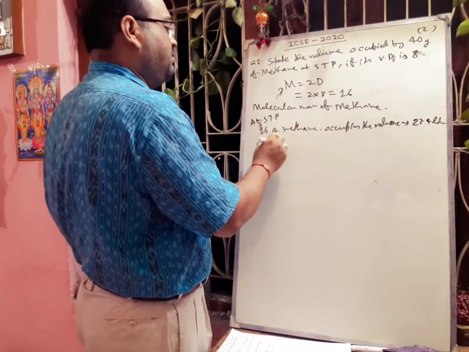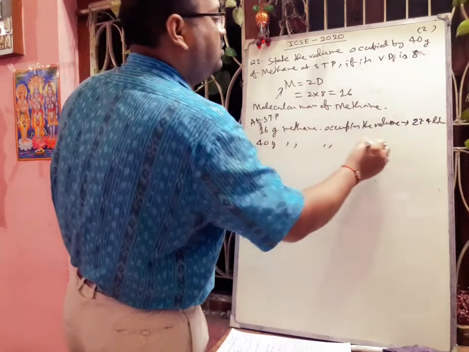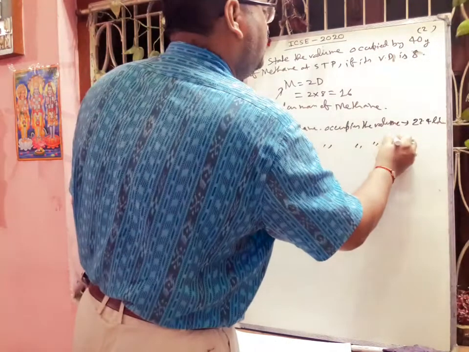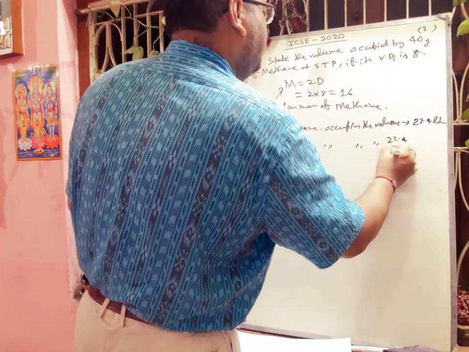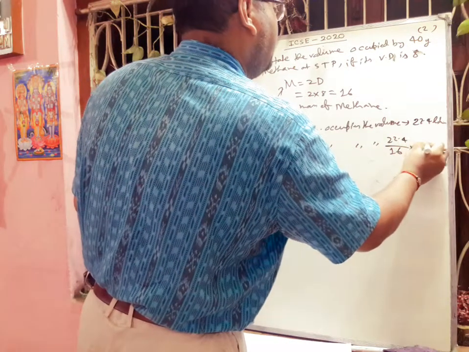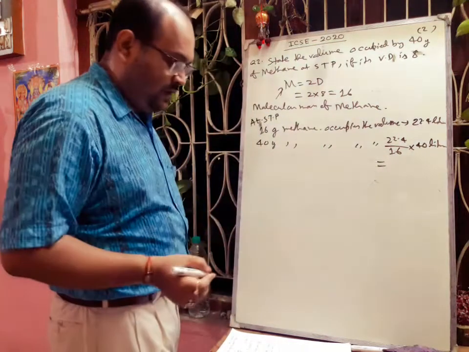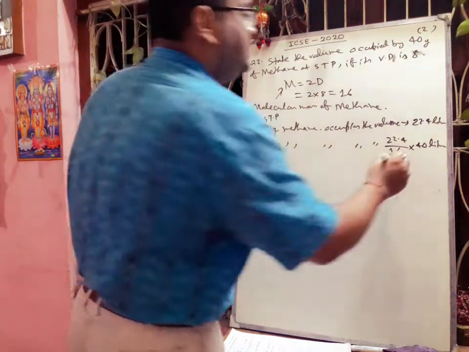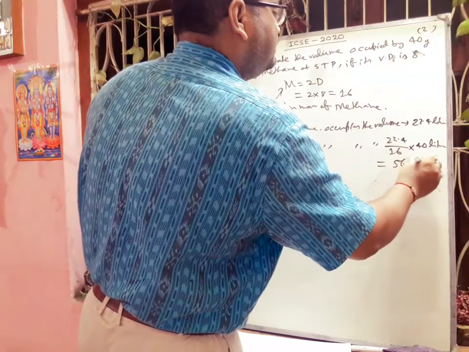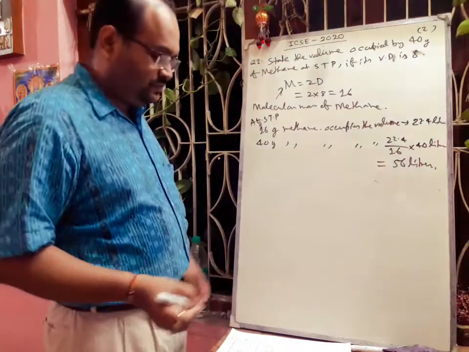So 40 gram of methane occupies 22.4 divided by 16 into 40 liters. If you calculate this, you will get 56 liters. That will be your answer.